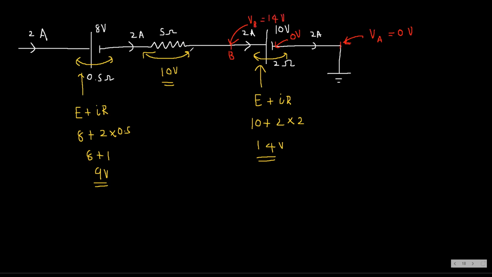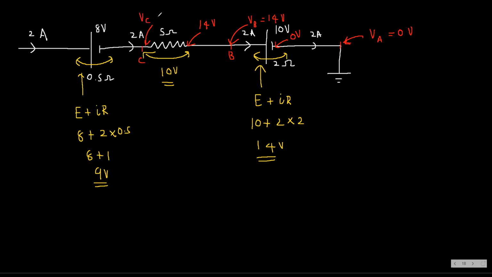14 volts. Then is this one the younger one or the older one? Younger one. Its voltage is 14. Is this point the younger one or the older one? Older one.